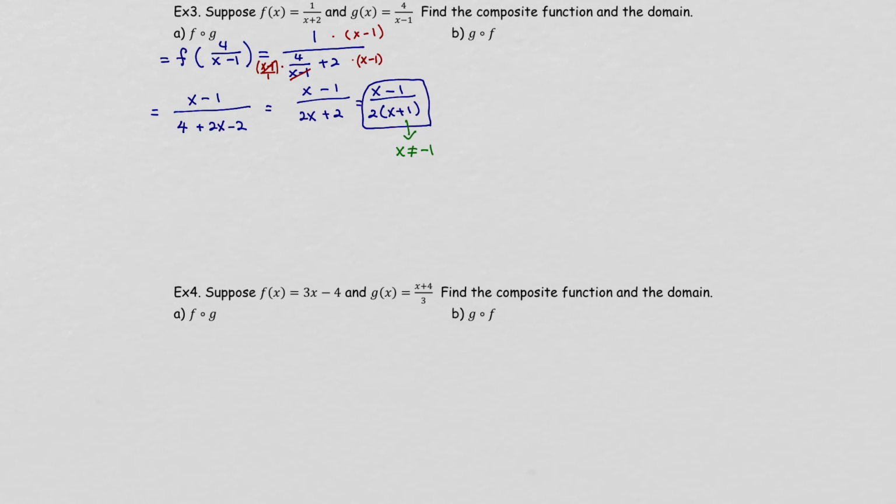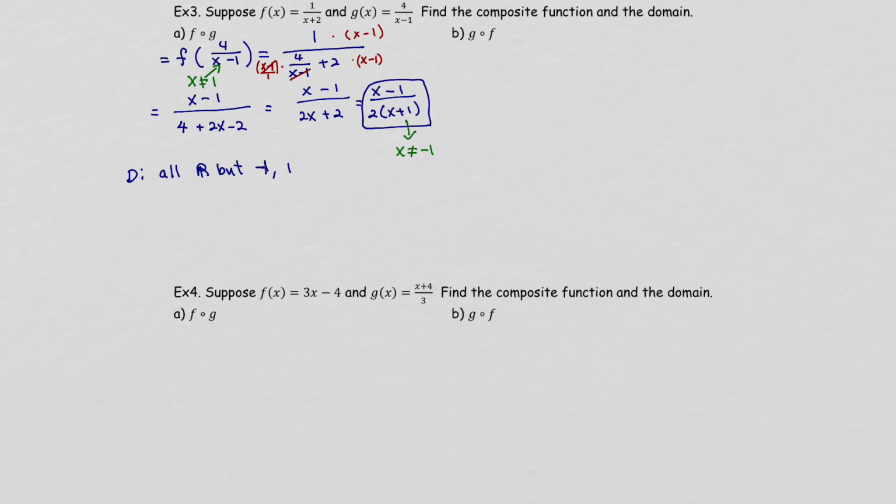But by the definition, if it's a composition function, the inner function's restriction is also a restriction of the composition function's domain. Here, x minus 1, x cannot be +1. So there are 2 restrictions. So your domain will be all real numbers but -1 and +1.